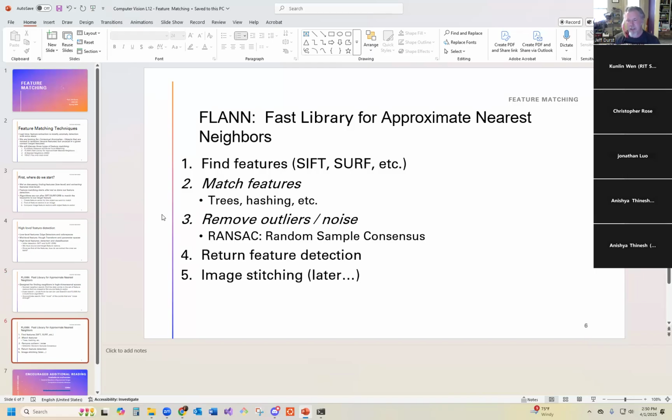Before we can call FLANN or KNN with OpenCV, we do have to first call SIFT or ORB or some other implementation of a key point extractor, essentially. Then it matches features. I don't want to talk a lot about that because it gets pretty wacky.